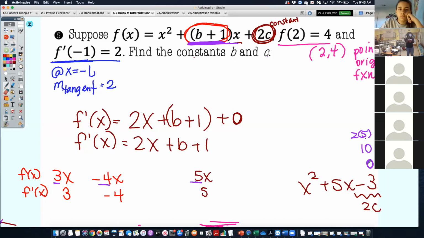The derivative of any one of those numbers is always 0. So that's why a 0 is now there to represent the derivative of 2c. So if b plus 1 didn't have the x, you would treat it with the constant rule, like it's 2c. Exactly. Remember, b and c are not like what x is in the problem. They represent numbers.